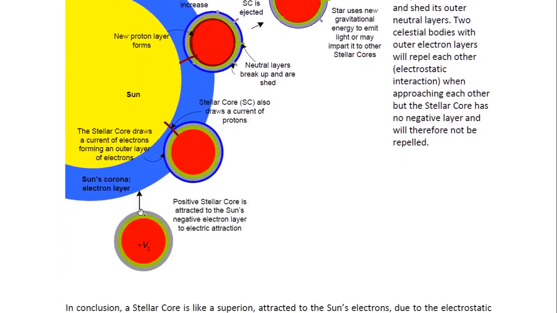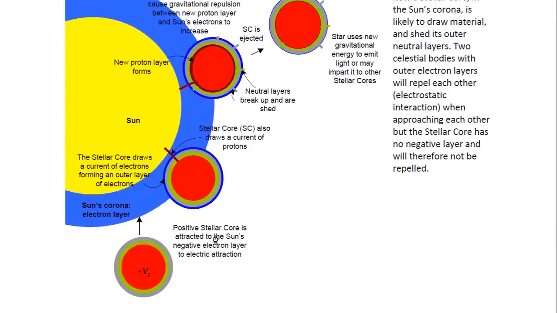We see a stellar core with a neutral outer layer, or maybe a neutron layer, being attracted to the sun's corona because it's a super ion, is positively charged.